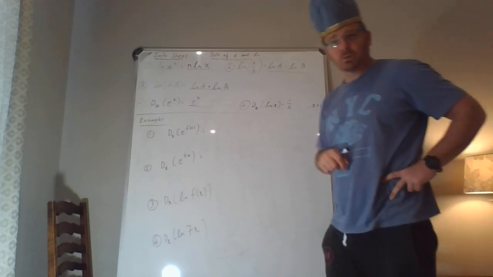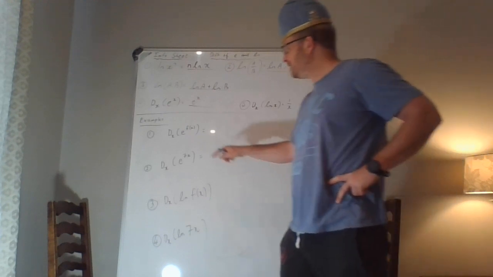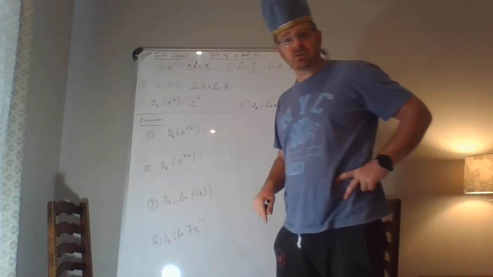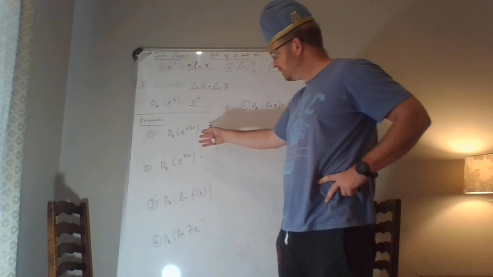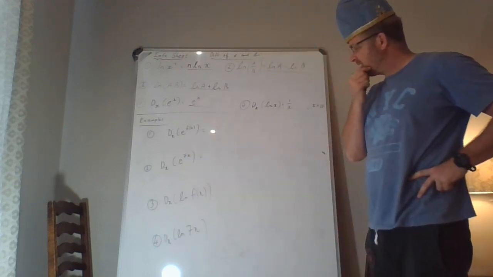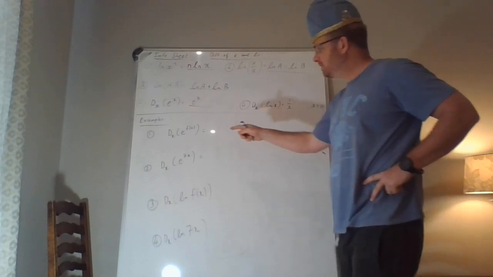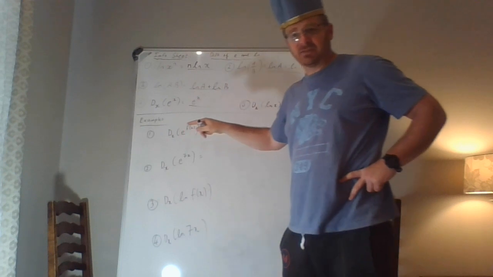And again, all our rules, chain rule, product rule, quotient rule, still apply. So if you have the derivative of e to the f of x, in order to do this we're going to have to use the chain rule. So give it a go. What we do is we consider e of that whole thing the outside function.